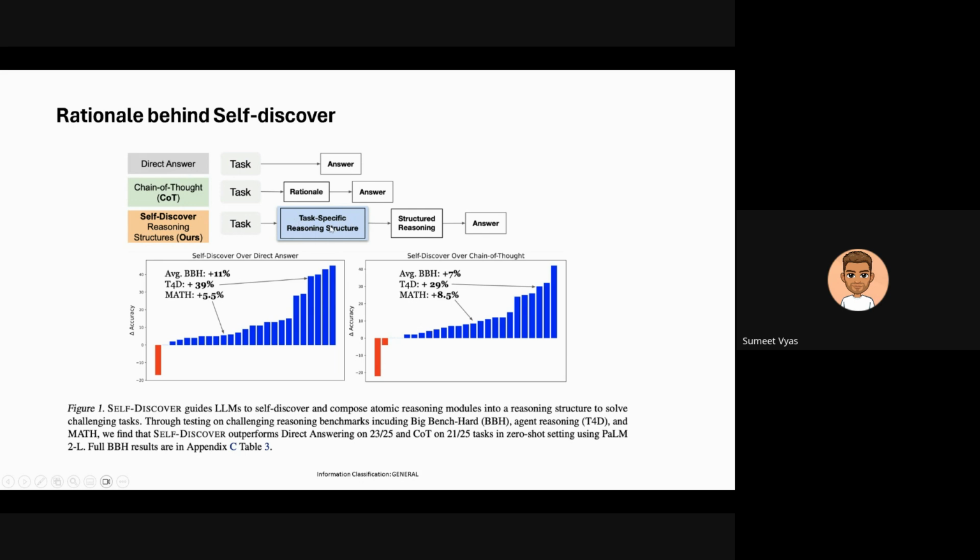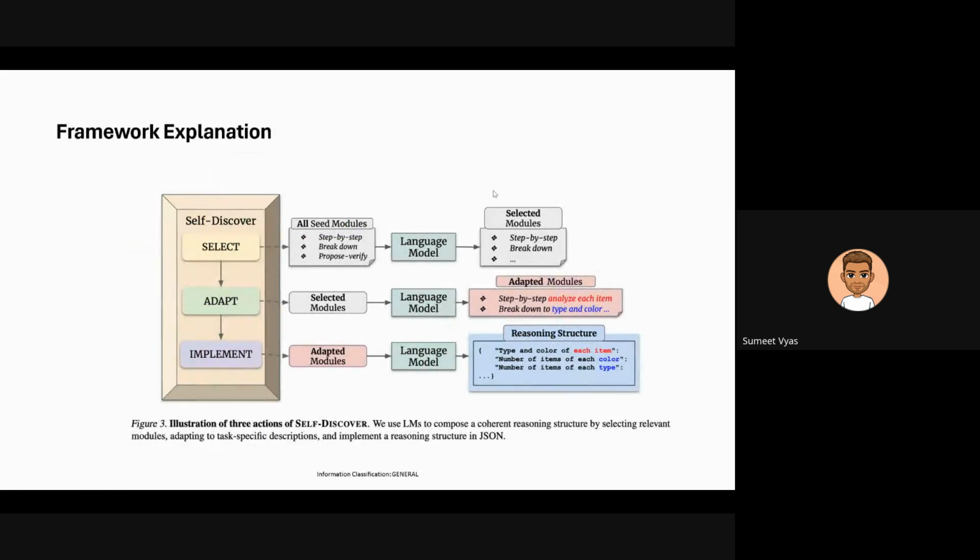This reasoning structure is based on a few modules that are already present at the backend of the LLM. Once you have a task-specific reasoning structure, you generate a structured reasoning problem, and that is what you fire as a prompt to generate a particular answer. I'll just go quickly to the modules which have been experimented in the paper.